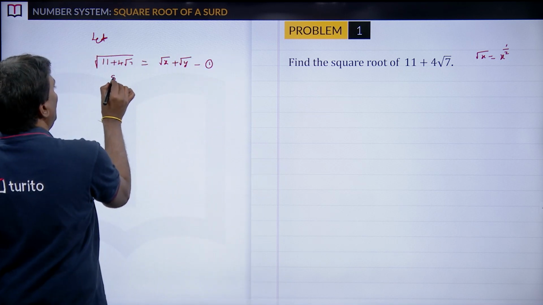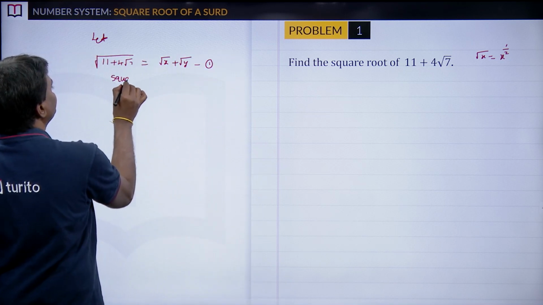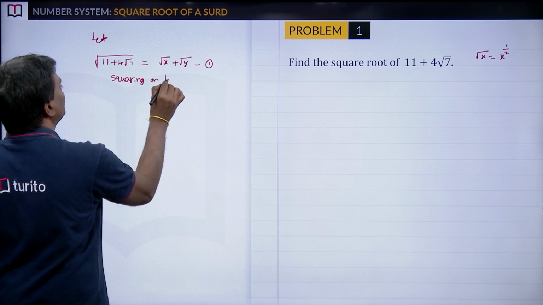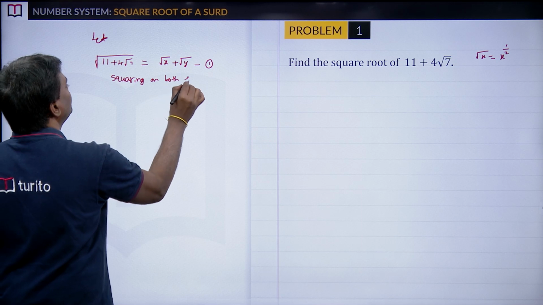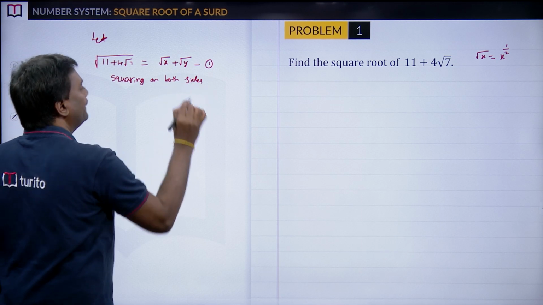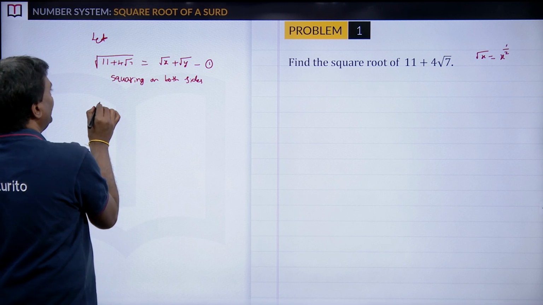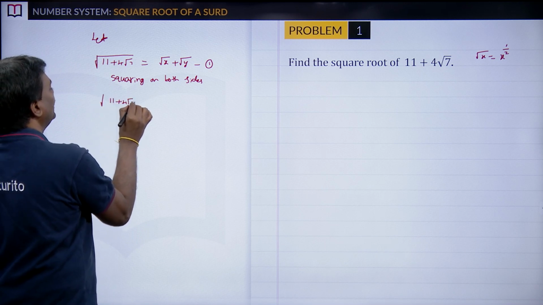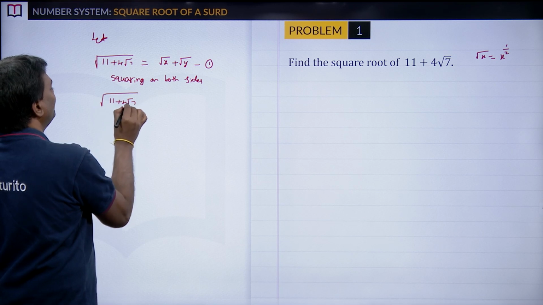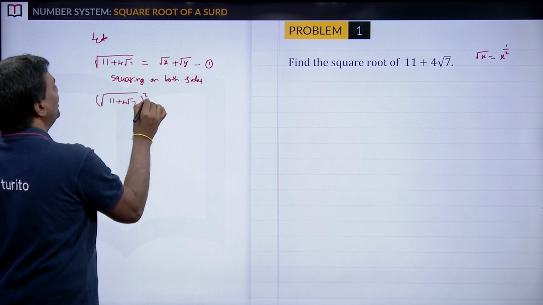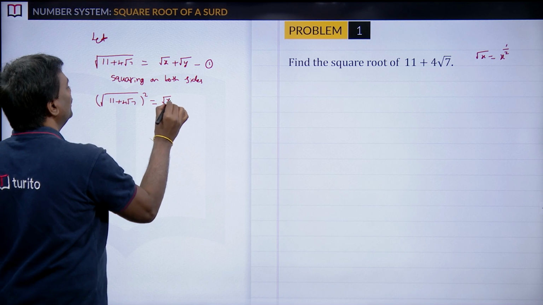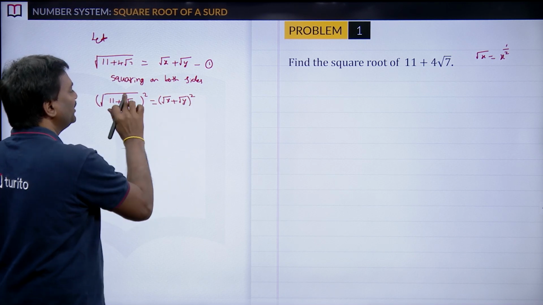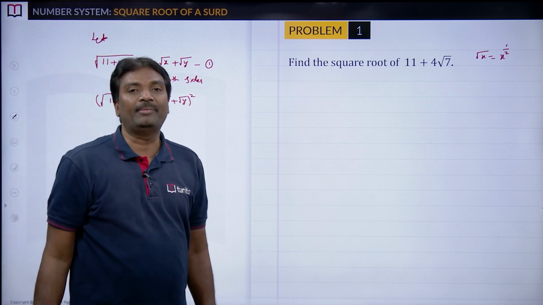So squaring on both sides, you will get the square root of 11 plus 4 root 7 whole square equal to root x plus root y whole square, where square root means power 1 by 2.